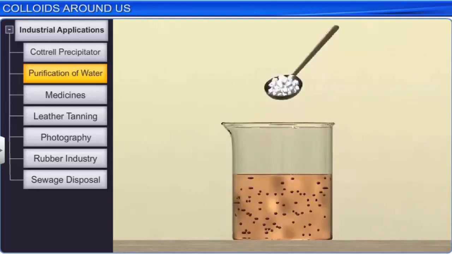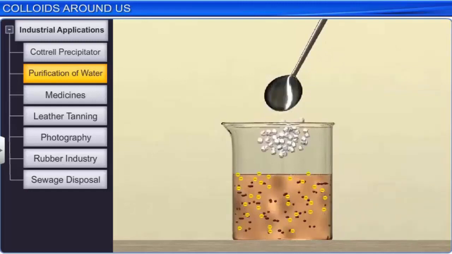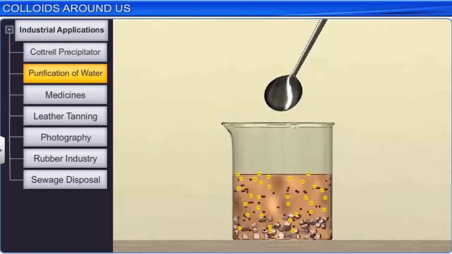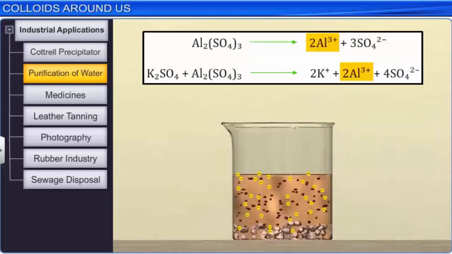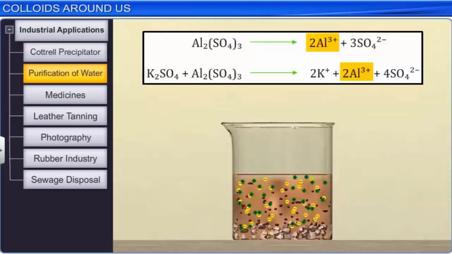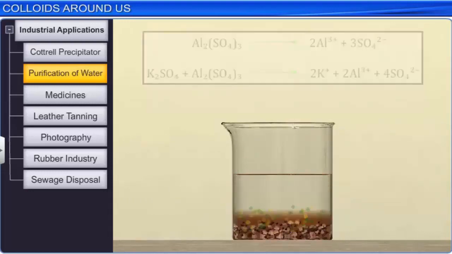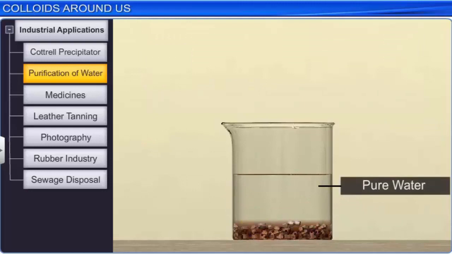The negatively charged colloidal particles of the impurities get coagulated by the action of the Al3+ ions furnished by the electrolyte and settle down. Pure water can then be filtered or decanted off.